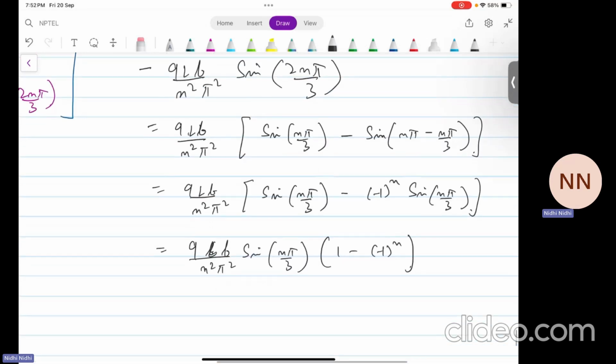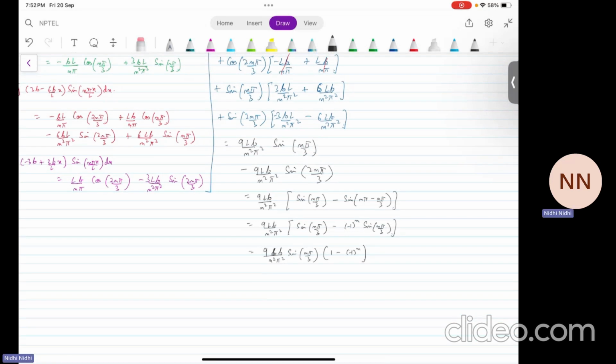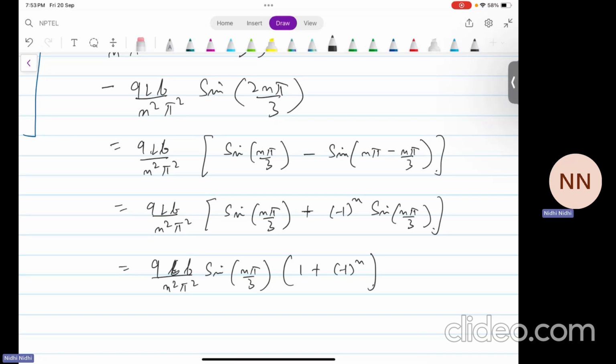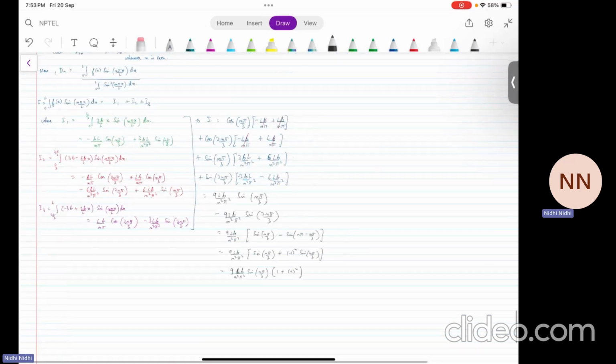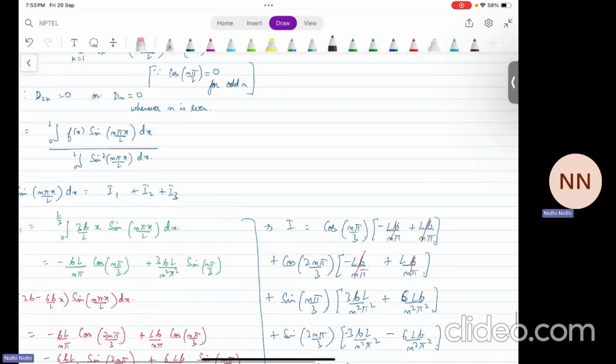Now this is equal to 0 for even n. That is what we wanted. No? Wait a second, so this will come out to be plus. Yes, so this is equal to 0 whenever n is odd. For odd n, this is 0.